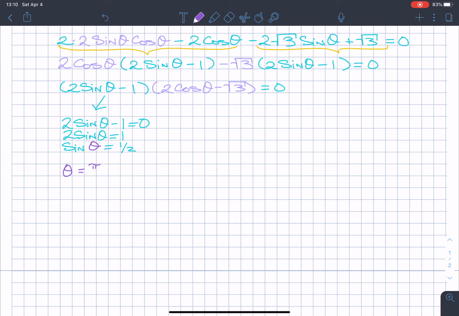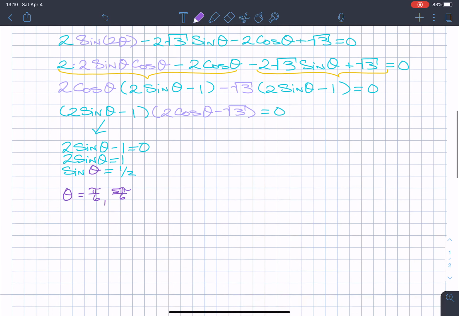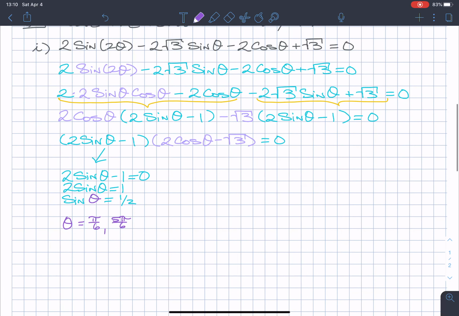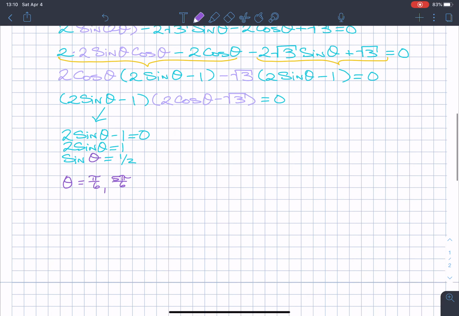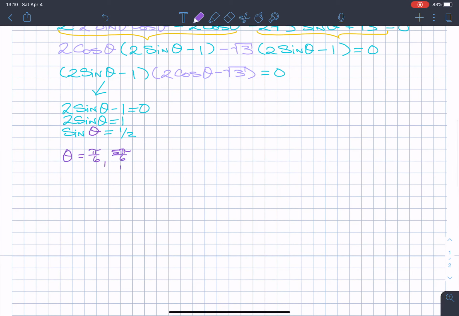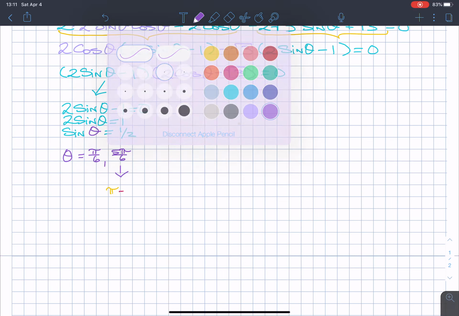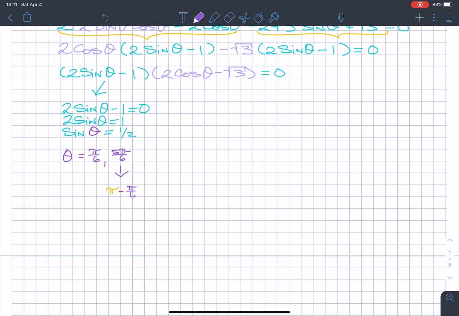Well, that would be at pi over 6 and 5 pi over 6. But notice that's pi over 6 and pi minus pi over 6. So I can actually note that this is the same as pi minus pi over 6 if I wanted to be really thorough.